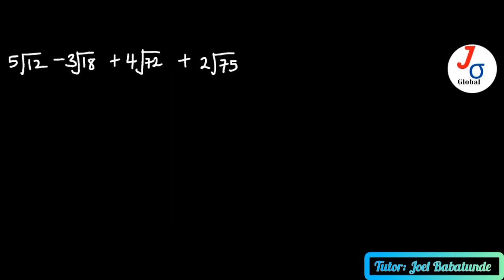Alright, so we have 5 root 12 minus 3 root 18 plus 4 root 72 plus 2 root 75. So can you pause this video and try this out yourself also, and let's see what you get.